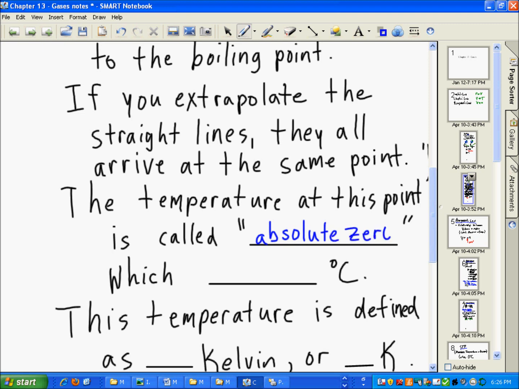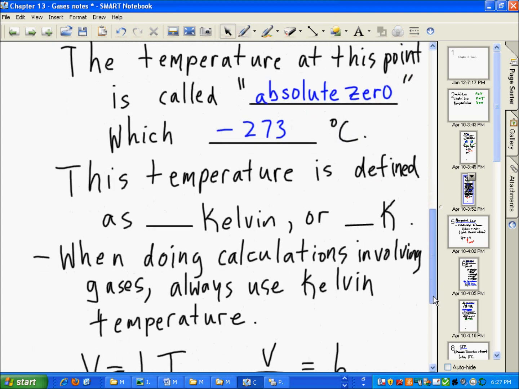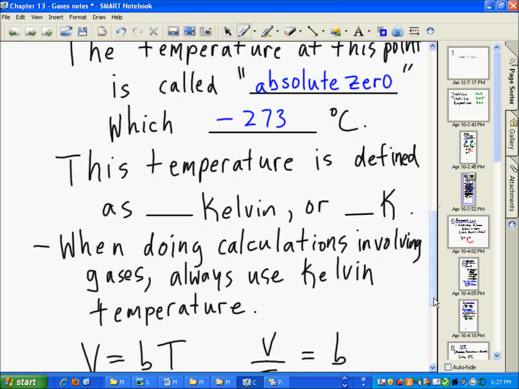Absolute zero is minus 273 degrees Celsius. This temperature is defined as 0 Kelvin, or 0 K. For Kelvin temperature, they don't use degrees, they just call it kelvins.